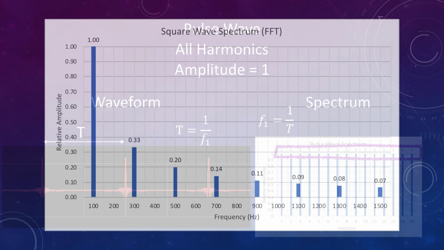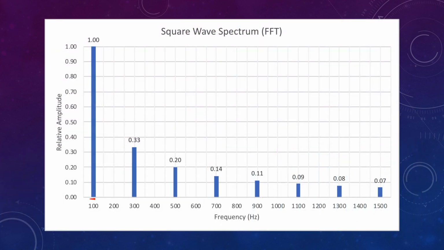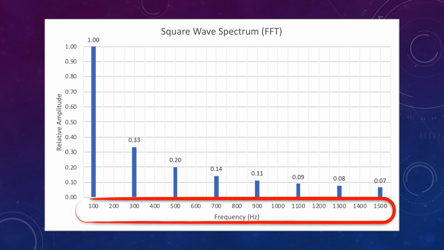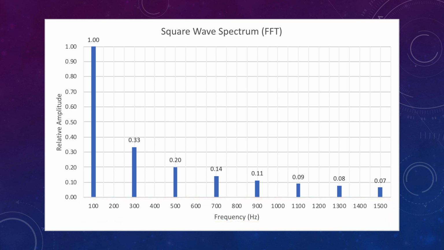It is useful, when analyzing complex waveforms, to display the frequency information on a graph. As we said previously, the graph with that information is called a spectrum. It is often referred to as an FFT, which stands for fast Fourier transform. This is especially helpful when analyzing real-world waveforms.